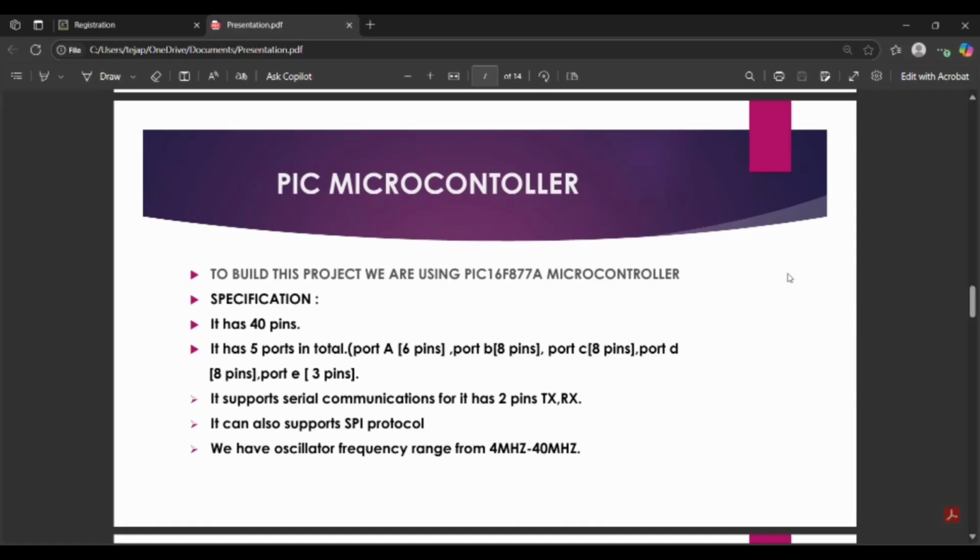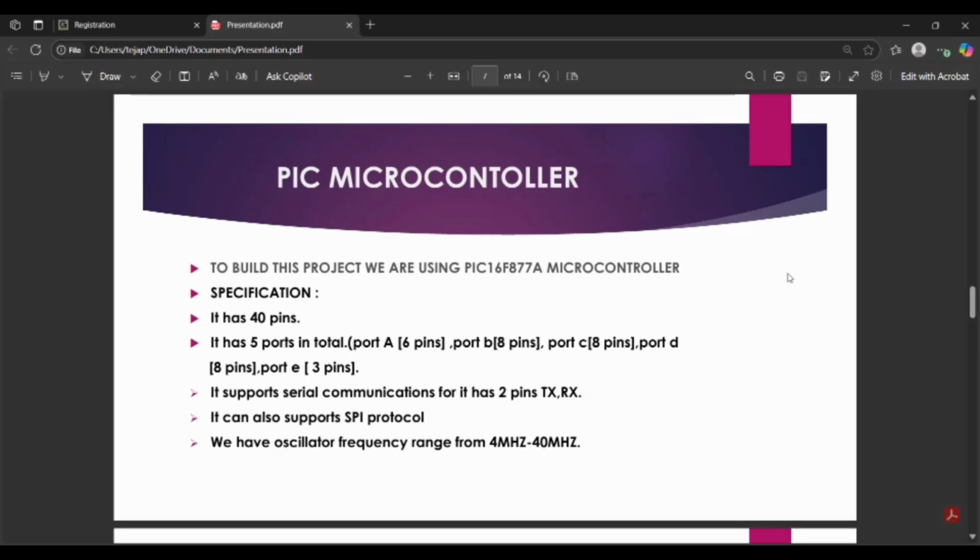It supports serial communication with 2 pins, TX and RX. It can also support the SPI protocol. We also have an oscillator frequency.